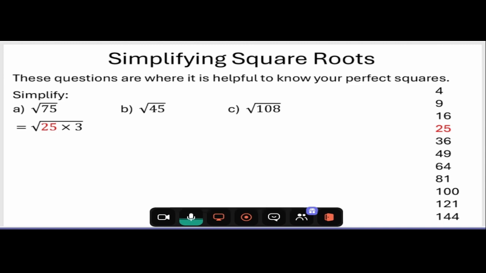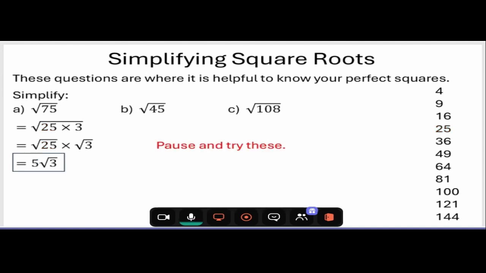You may or may not know that 75 can also be broken into 5 times 15, but that doesn't help us because neither one of those is a perfect square, right? So find a perfect square that divides evenly. Now we know those can separate out. The square root of 25 is 5, and the square root of 3, well, that one just stays. We can't do anything with that, like so.